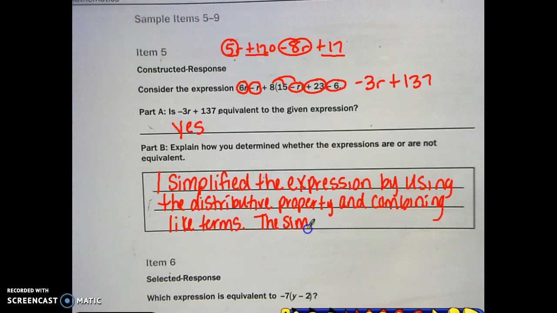The simplified expression was equivalent to the given expression.